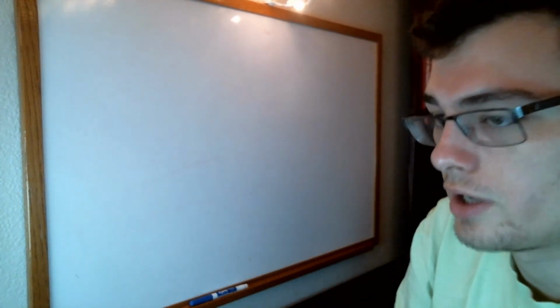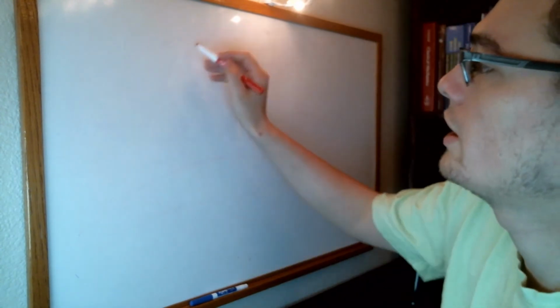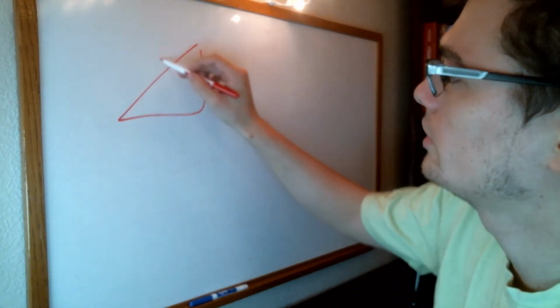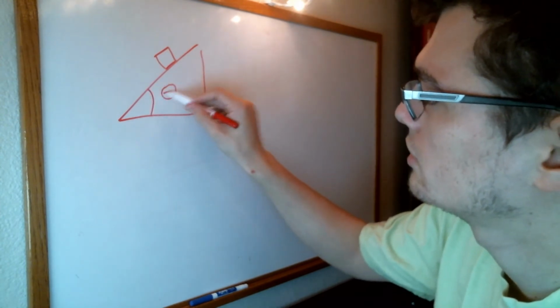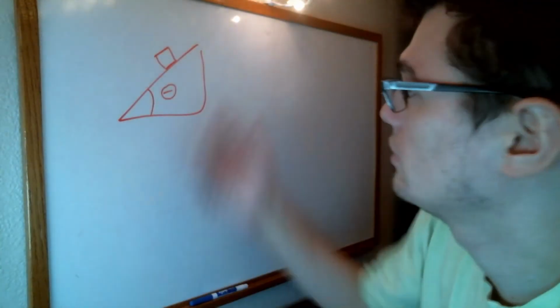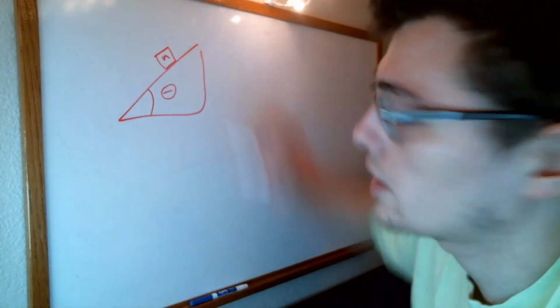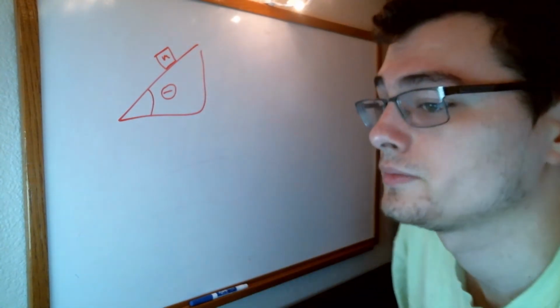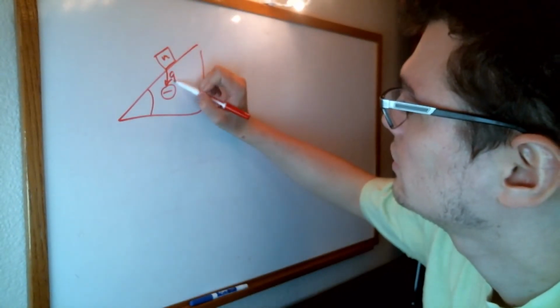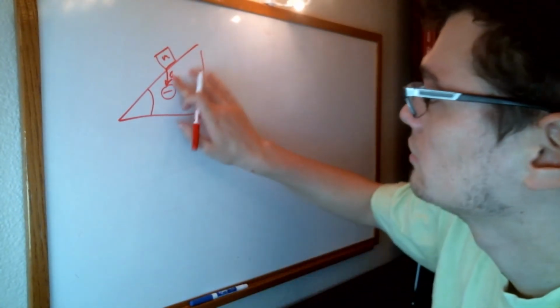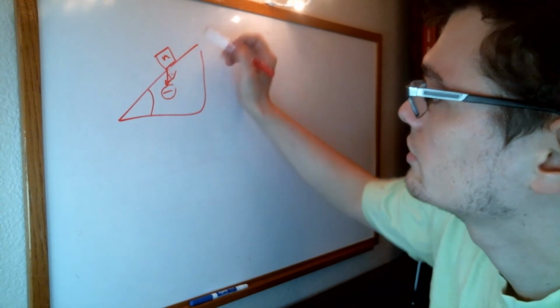Okay, next up we have a little inclined plane problem. So we have our inclined plane, we have our package, or our box here, with a mass m. We know that our weight points downwards.